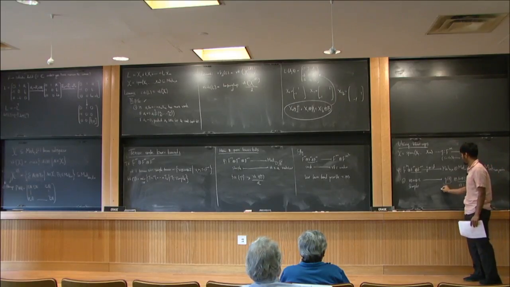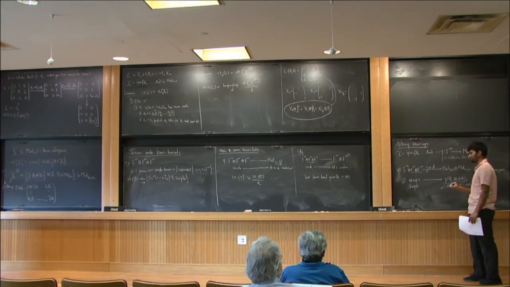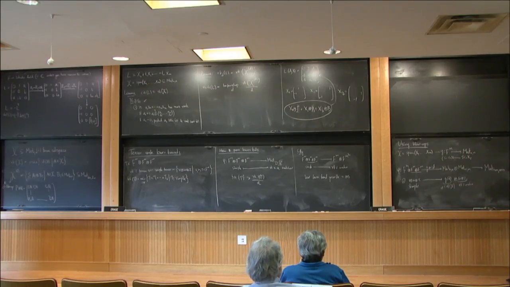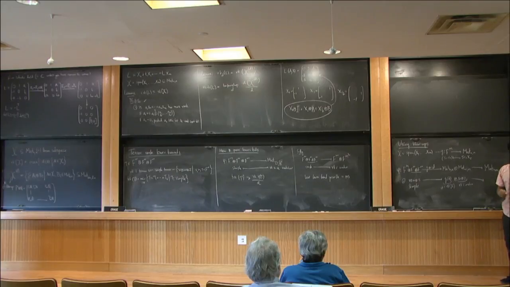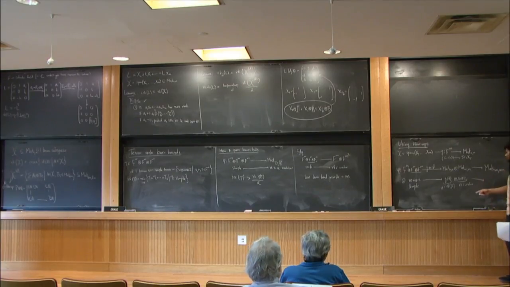This has rank less than or equal to the rank of this linear subspace, because G of V is an element of this linear subspace. And when you take the Kronecker product of matrices, the rank is multiplicative. So that means the simple guy goes to something whose rank is less than or equal to the rank of this linear subspace.